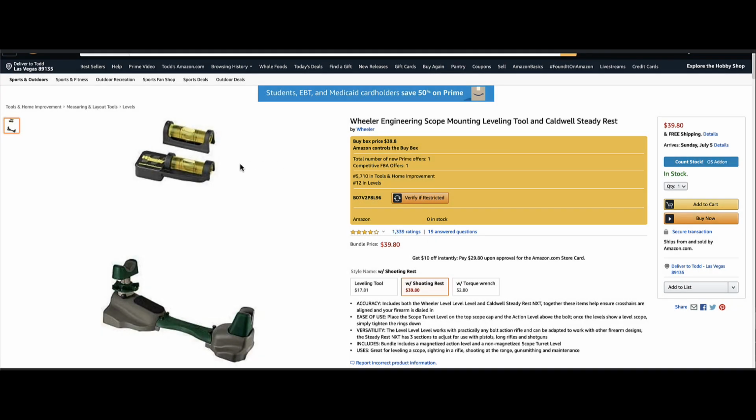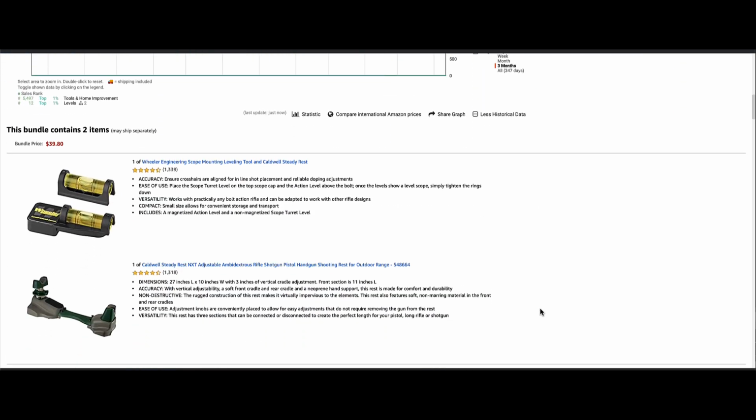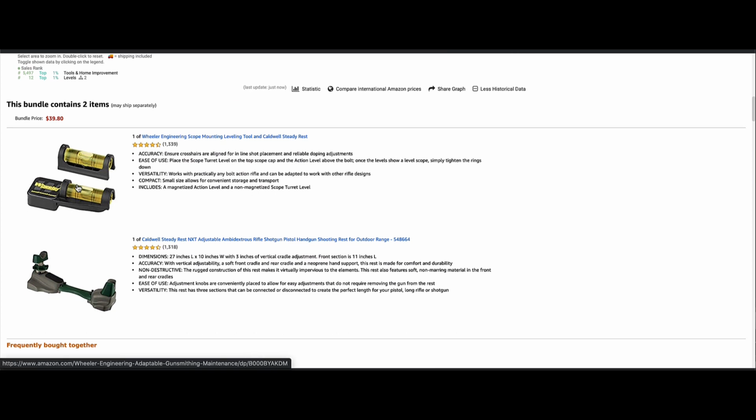What's the difference here? I was assuming this was the rest. Maybe this is the tool and this is the rest. This could be God knows what. What is this? Includes both the Wheeler level and Caldwell steady rest NXT. Okay, here's the steady rest and tool.